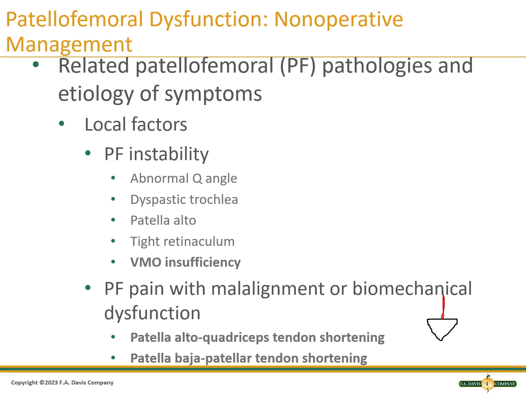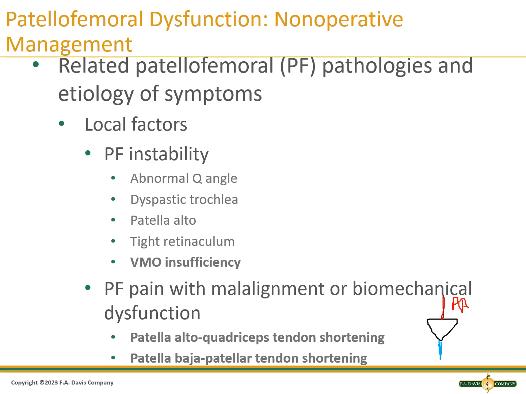Running from my quad to encase my patella. My patellar tendon is going to be below my patella, running from my patella to my tibia. And so if I have shortening of my quadriceps tendon, I have patella alta because it's being pulled up.